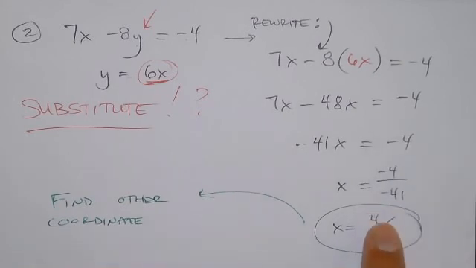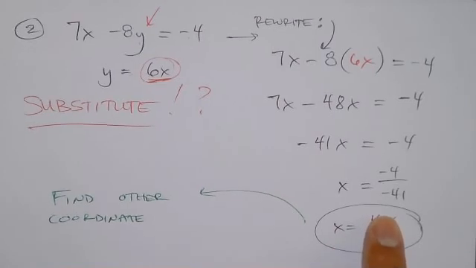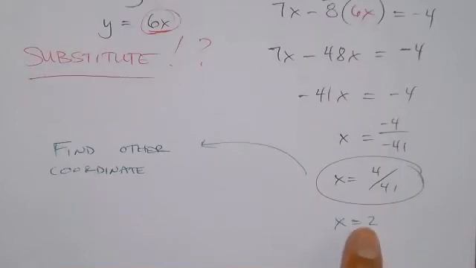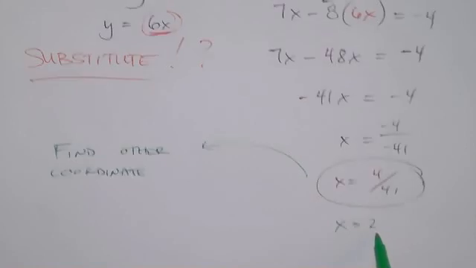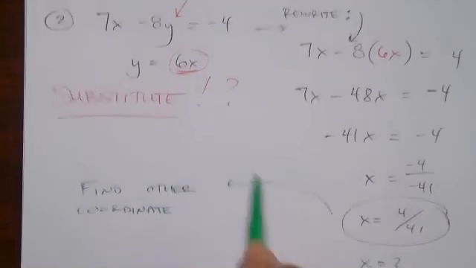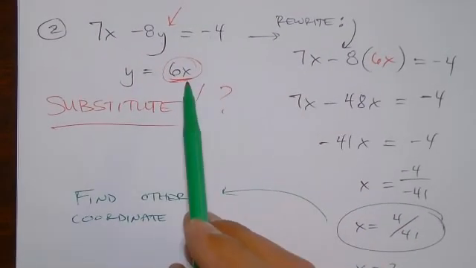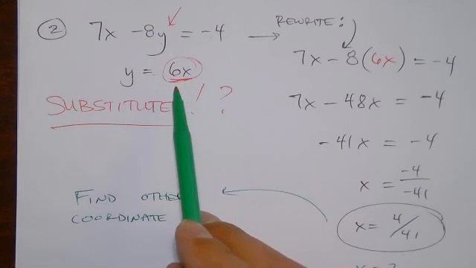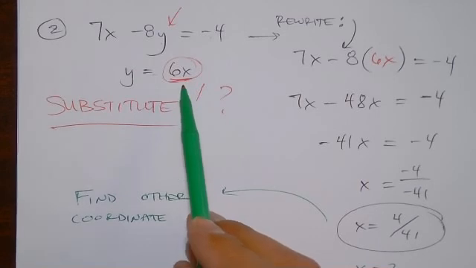Let's pretend the answer for x, I know this came out horrible. Let's say the answer for x was 2. If the answer was 2 for x, would you be able to tell me what y is? What would be the answer for y when I put x over here?